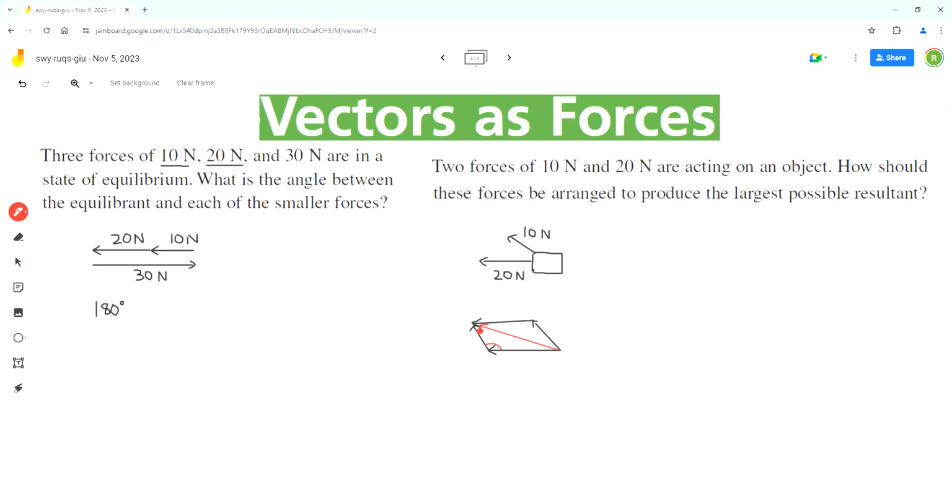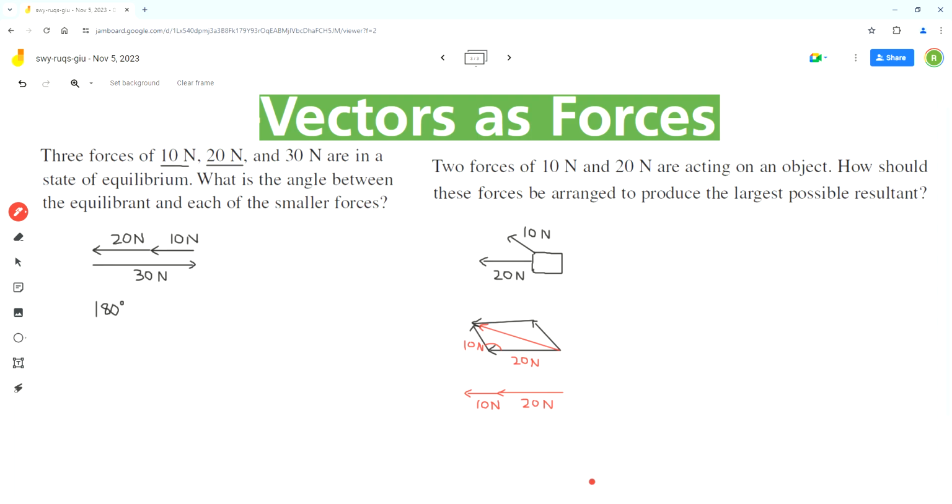So the longest diagonal will be achieved if these two forces are acting in the same direction, to the left or to the right. So that scenario will look something like this. And in this case, the resultant will be equal to 30 Newtons.